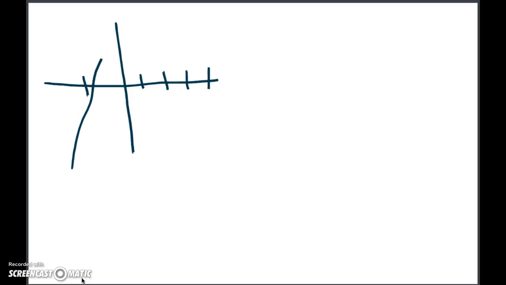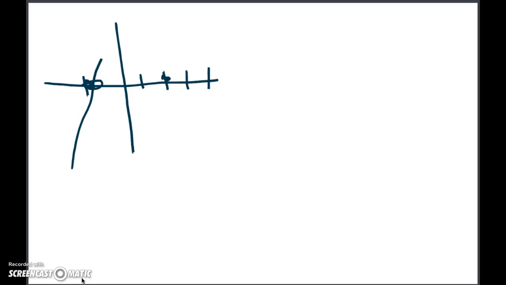Finally, what happens if I'm given a graph and I'm asked to find the equation? Suppose I have a graph that looks like this. Let's see, negative 1, 1, 2, 3, 4, and let's suppose the graph does this. Oops, that's supposed to go through negative 1.